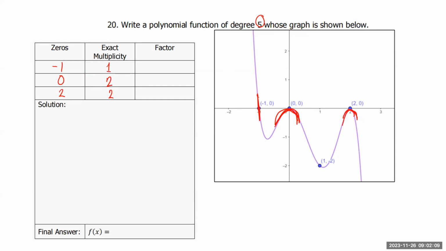To write the factors, again, using the factor theorem, if c is a 0, then x minus c is a factor of the polynomial. So if -1 is a 0, then x minus -1, or that's x plus 1, is a factor. And considering the multiplicity, this is raised to 1, since our multiplicity is 1. If 0 is a 0, then x minus 0 is a factor.